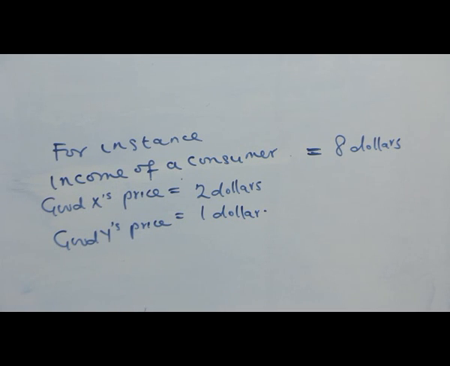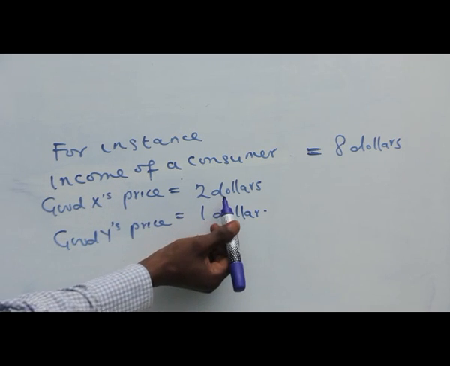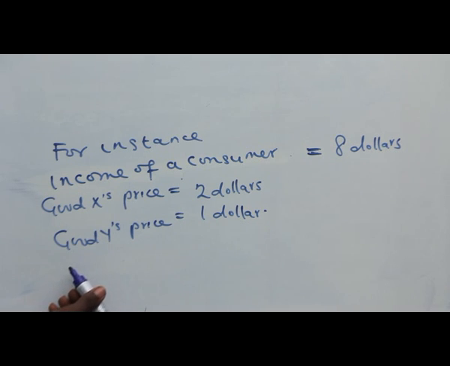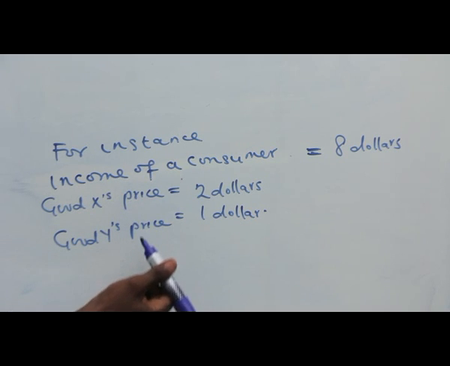The question now is, how many units of goods will a consumer buy if the price of good X is $2 without buying commodity Y? Or if the consumer decides to buy commodity Y only without buying commodity X, how many units of commodity Y will he buy?